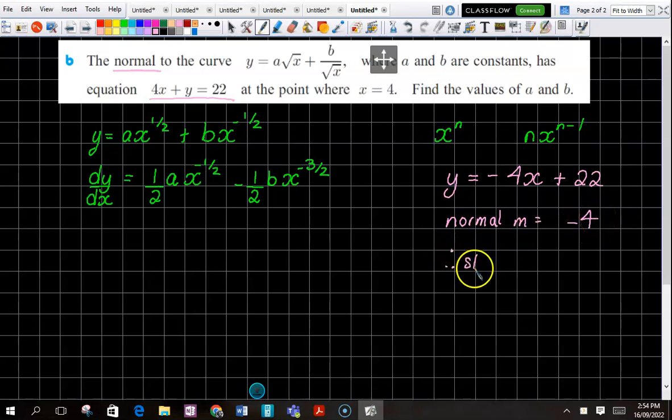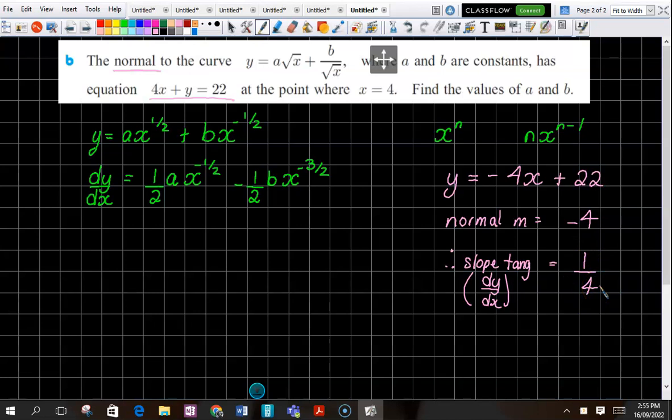Therefore, slope of the tangent, otherwise known as dy by dx, yes, it is perpendicular to this, which is 1 over 4.